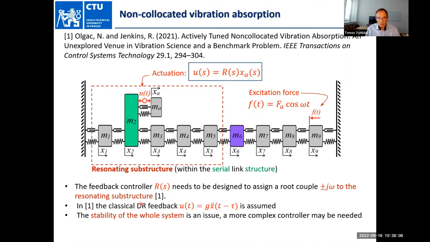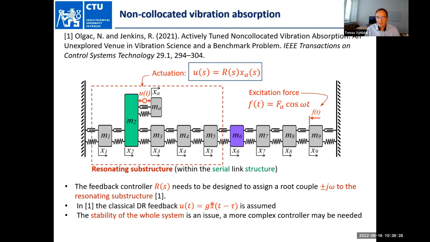In Nejat's work, he used acceleration feedback. In our experiment, which is the main result I want to show here, we use position feedback. So this is a bit different, but the synthesis is only slightly adjusted.